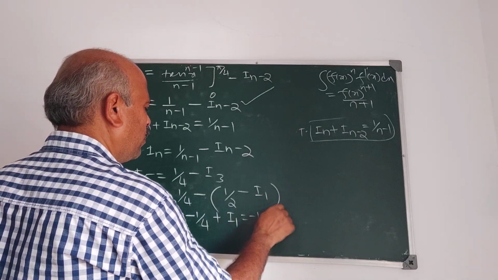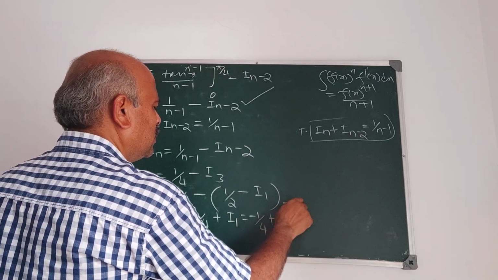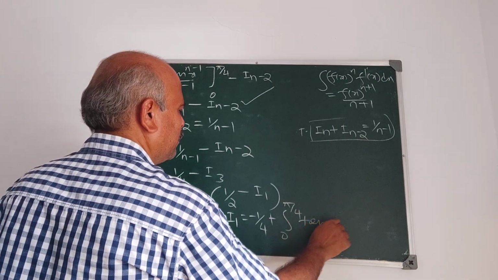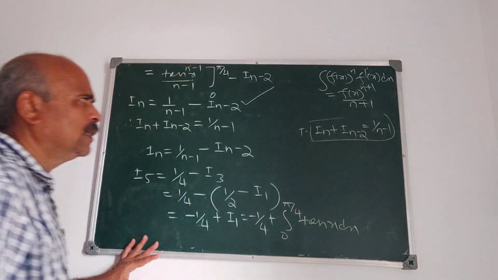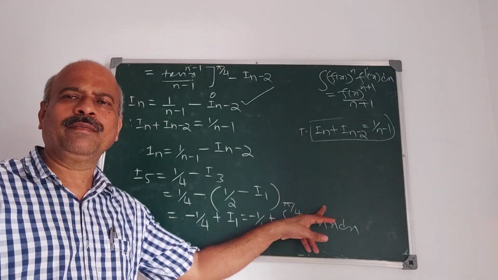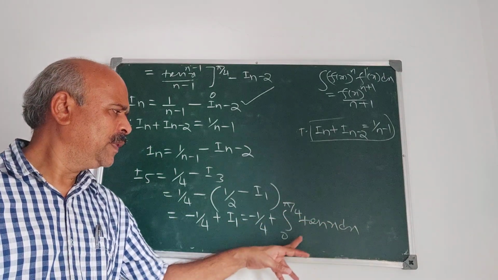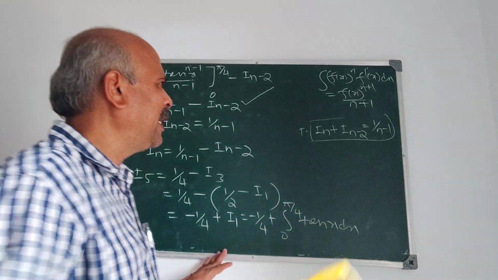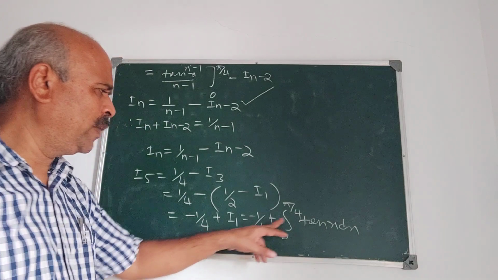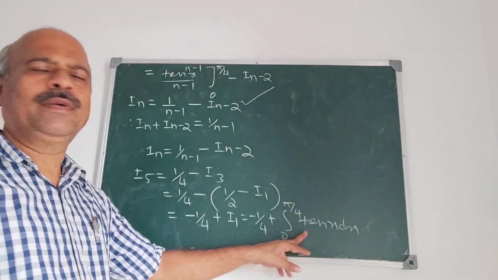What is I1? Because In is the integral from 0 to pi by 4 of tan x raised to n, I1 is the integral from 0 to pi by 4 of tan x. So you have to find the value of the integral from 0 to pi by 4 of tan x.